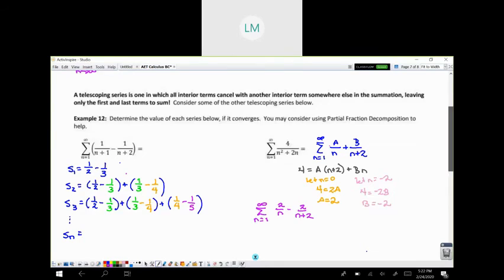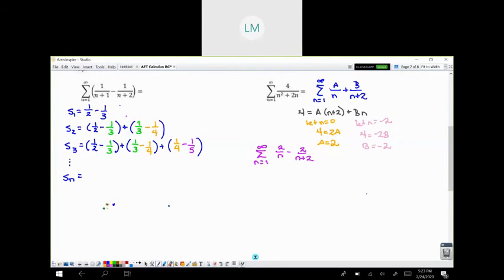Now I'm not going to write these terms in the multicolors that I did in the previous one, but I think you can figure that out.